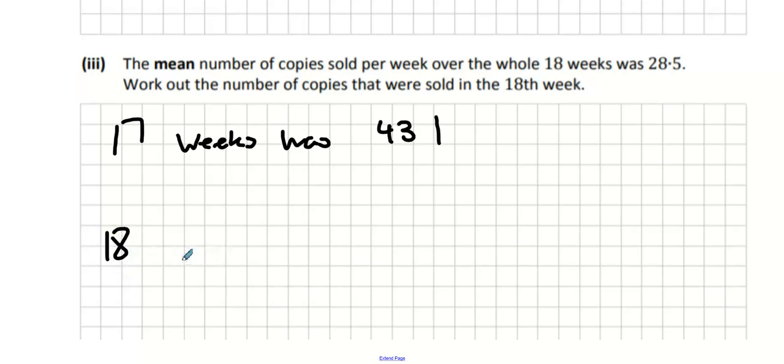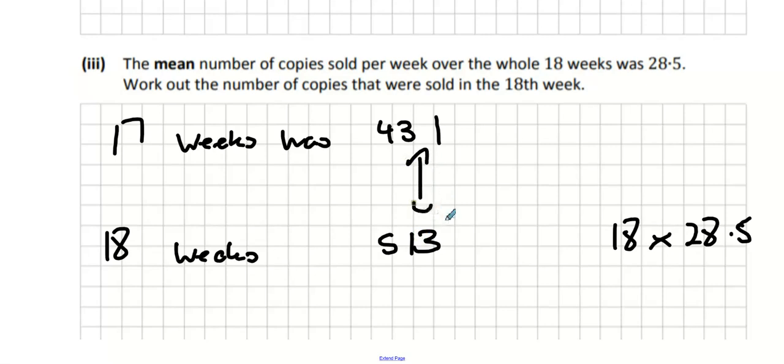We now know that 18 weeks has a total of 18 multiplied by 28.5. So what's 18 multiplied by 28.5? It's 513. So week 18 must be the difference of the two of them. So it's 513 take away 431, which is 82 copies. So this means we must have sold 82 copies on that last day to make the mean go up by that much.